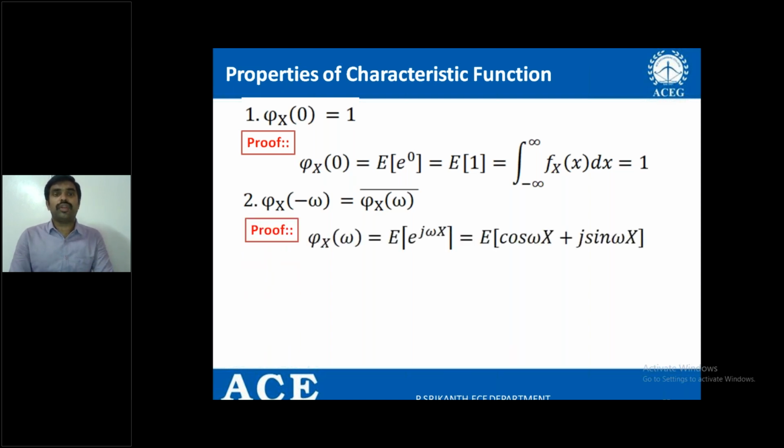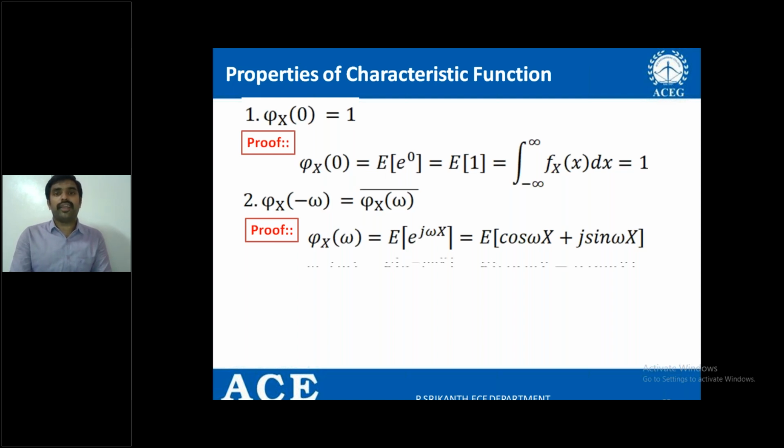You can also prove this property. We know that pi x of omega equals the expectation of e power j omega x. By using Euler's relation, I am expanding that exponential term into sinusoidal terms, so I can write it as the expectation of cos omega x plus j sin omega x.